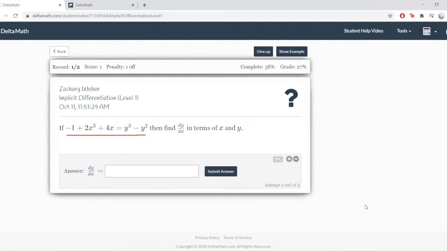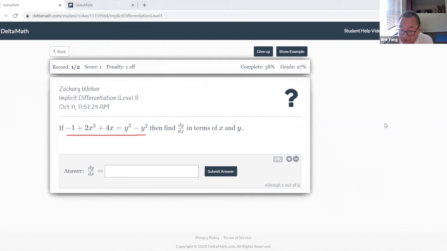So for this one, first you take the derivative of both sides, but you need to consider that y is a function and x is a variable.